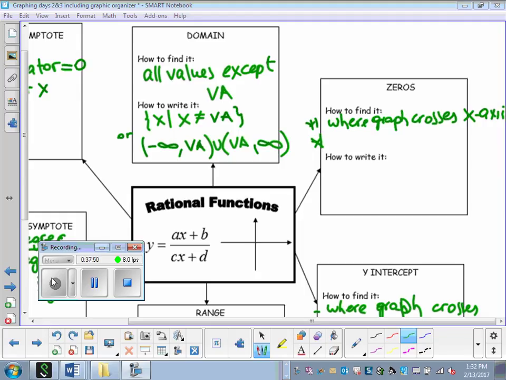So I can set the numerator to 0 and solve for x. Because remember, if I have a fraction and I want it to equal 0, I need the numerator to be 0. I don't even worry about the denominator anymore. And we write it as a point with y equal to 0.